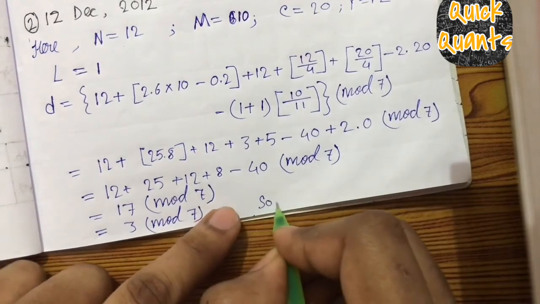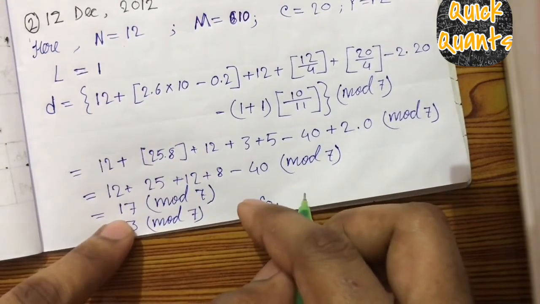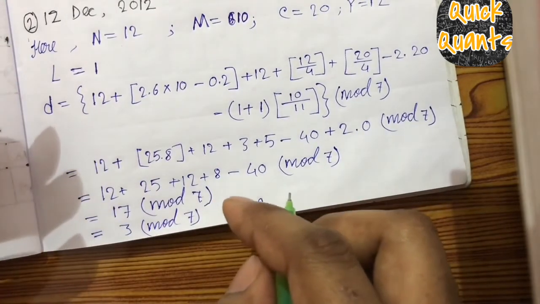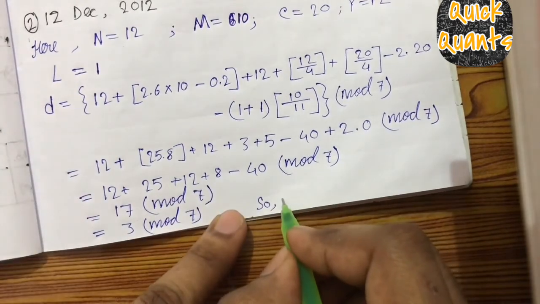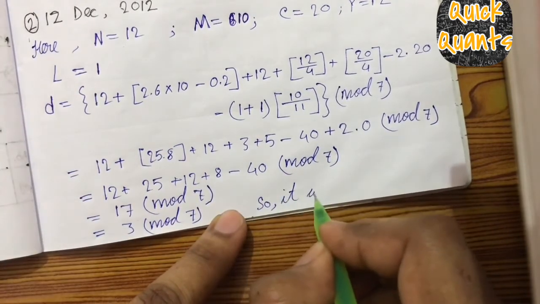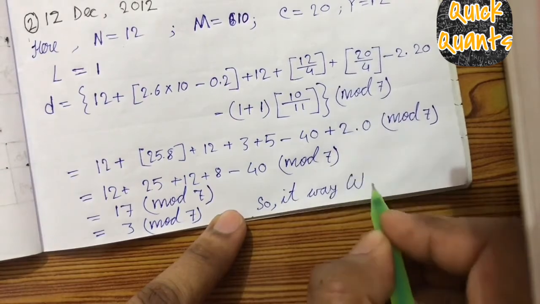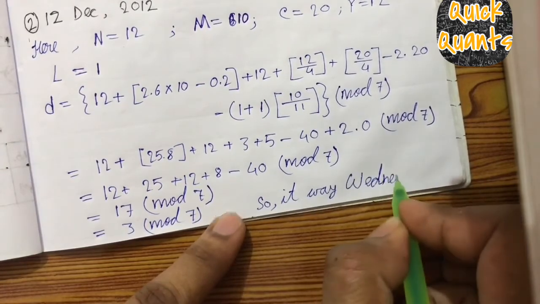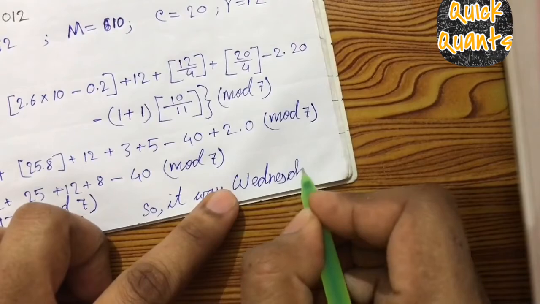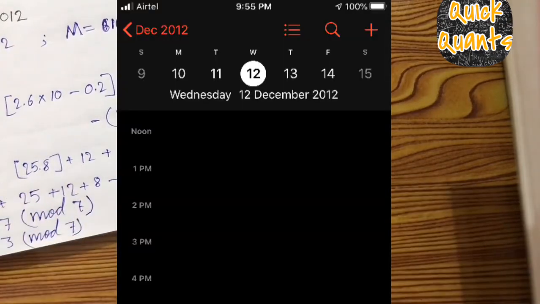So 3 is, Sunday is 0, Monday, Tuesday, and Wednesday. So it was Wednesday. I'll also leave a screenshot for the proof.